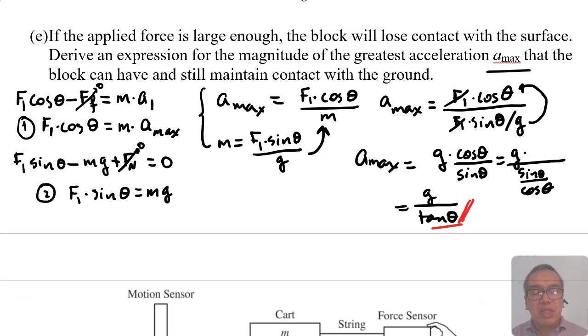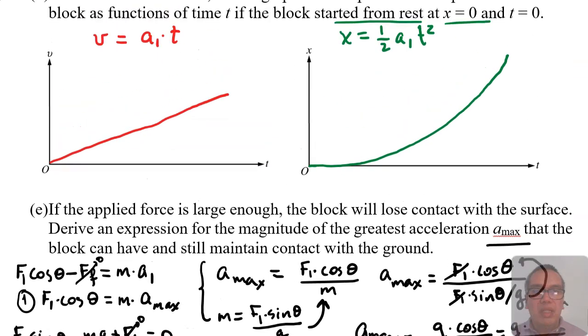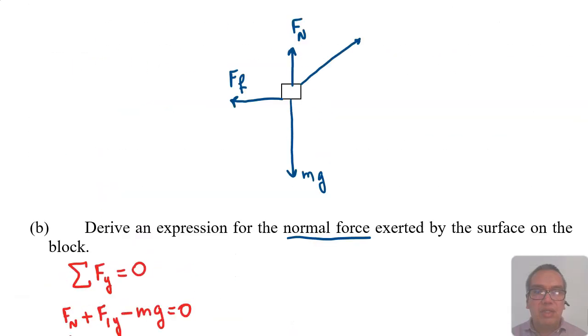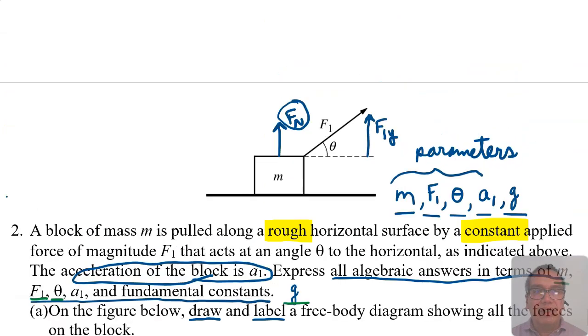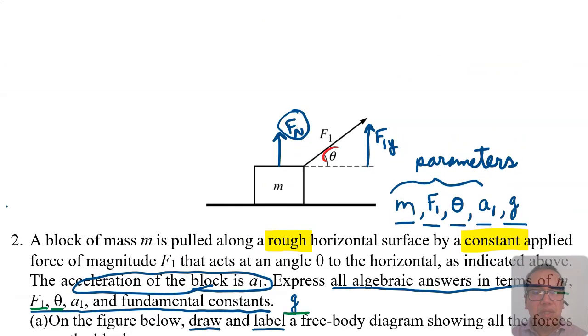So what this means is if you want to know what is the maximum acceleration that you need to barely start separating the block from the ground, all you have to do is divide the gravitational acceleration by the tangent of the angle at which the force is being applied.